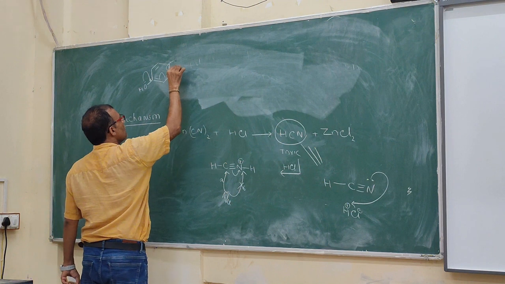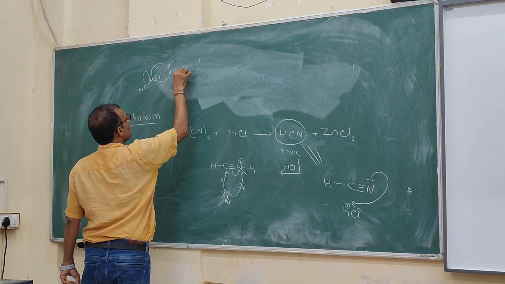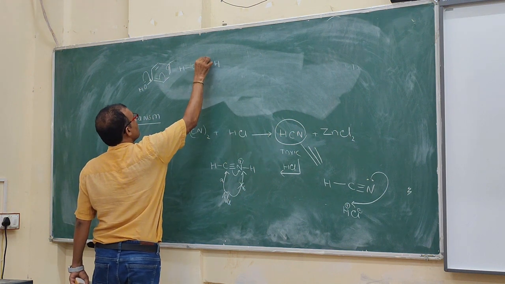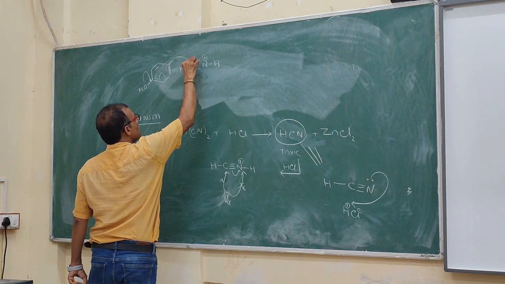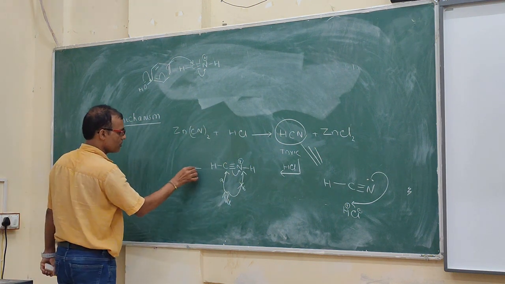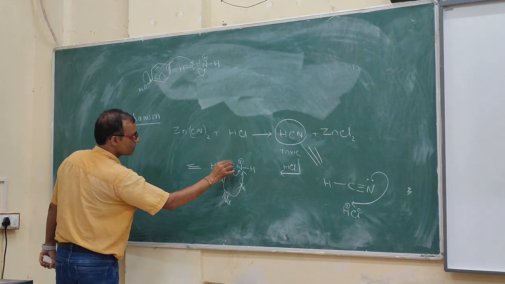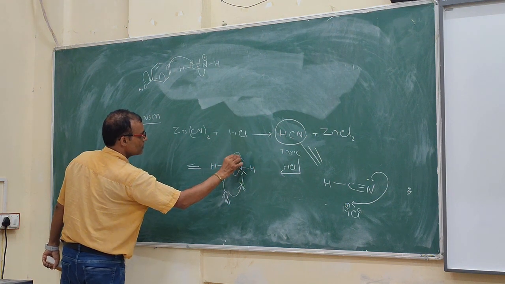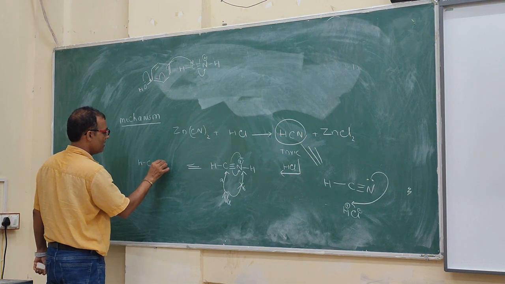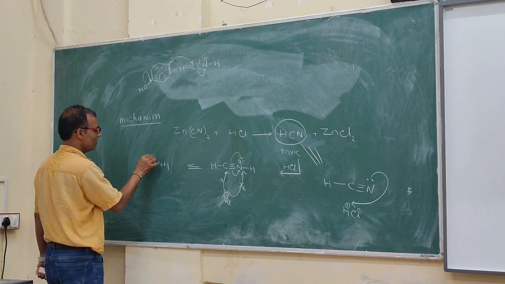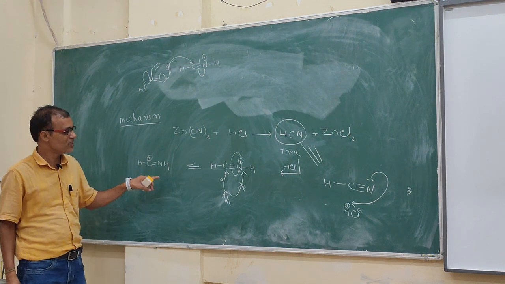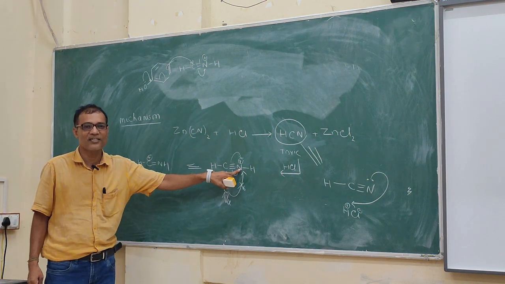So this will attack HC NH plus here. You can also write it the other way: you take the lone pair for this bond pair to this here. Then you will have H, C, double bond, N, H, and the plus will be here. That means this is the real plus center. That's why the nucleophile attacks at carbon, not nitrogen.